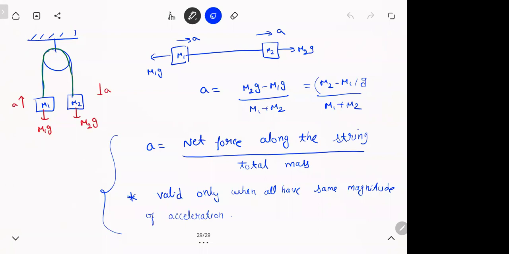See, let me take a few examples. The best thing about this method is that you can use it in multiple places. You just should know how to use it.